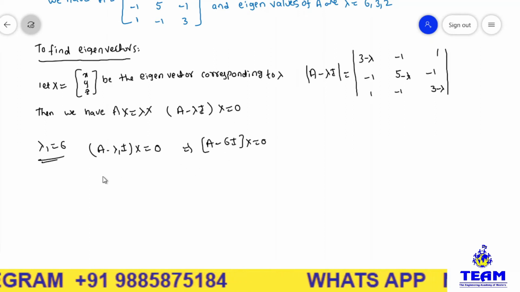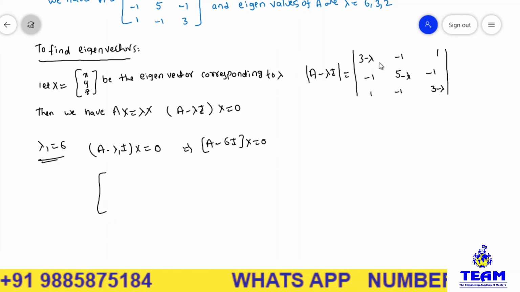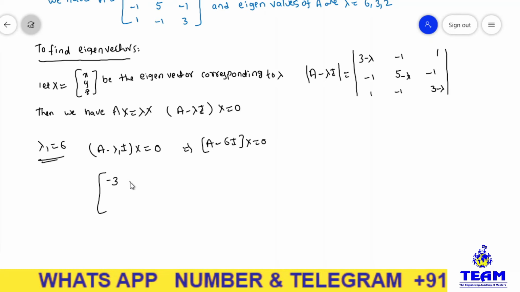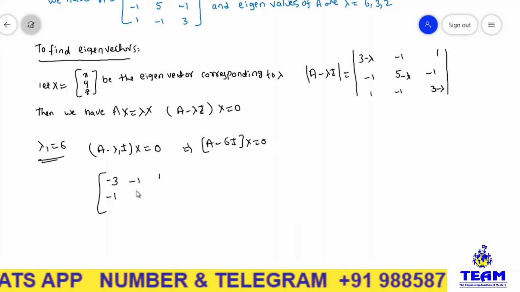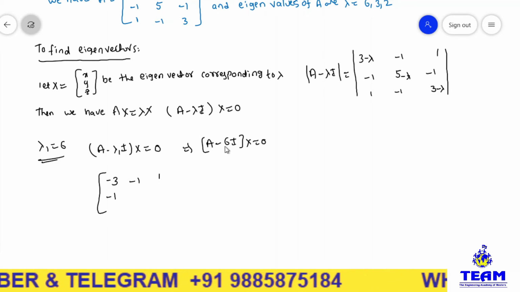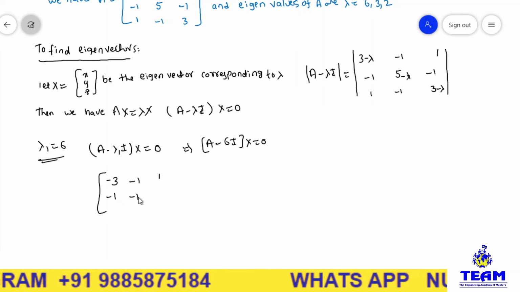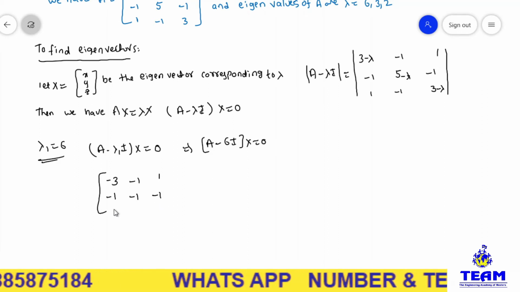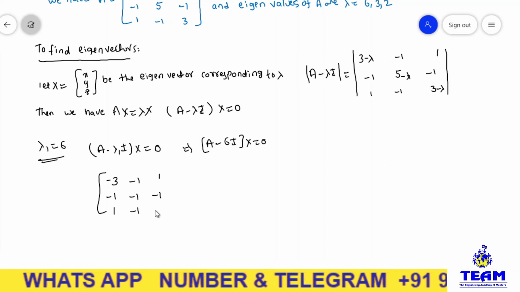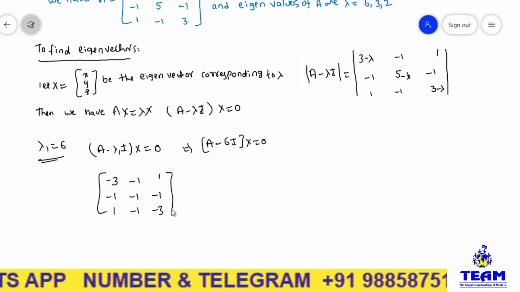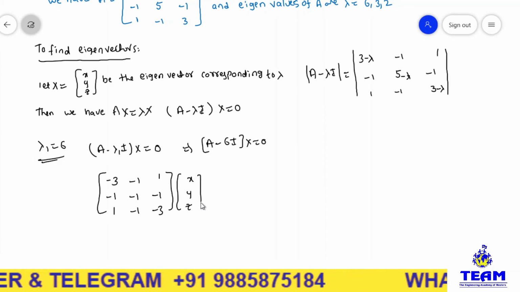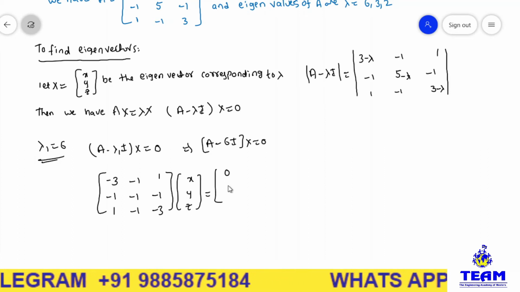So 3 minus 6 means minus 3, next minus 1, 1; minus 1, 5 minus 6 is minus 1, minus 1; 1, minus 1, 3 minus 6 means minus 3, into capital X, where you have x, y, z, is equal to 0, 0, 0.